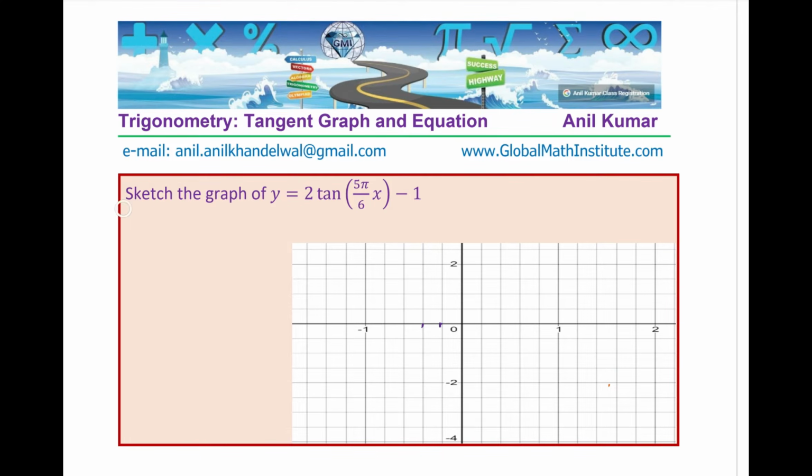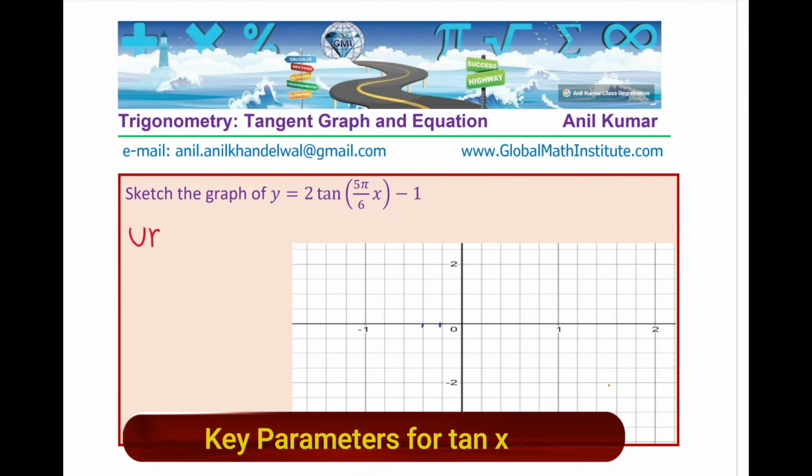I would like you to pause the video, sketch the graph of this tangent function, and then look into my suggestions. My approach is going to be first to understand the graph of tan x.